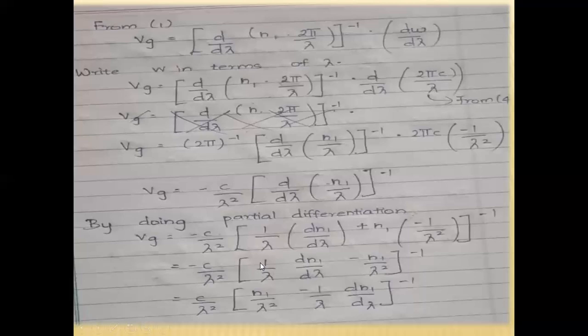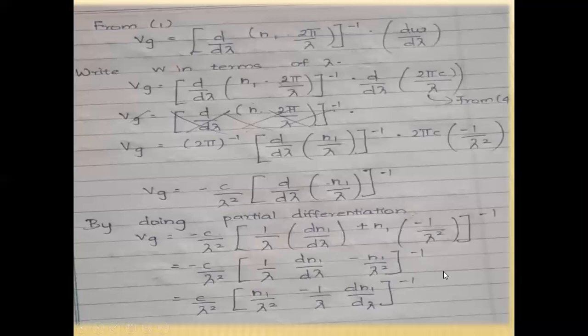So we will get c divided by λ², and this minus into minus turns to plus, so c divided by λ² into n1 divided by λ² minus 1/λ into dn1/dλ, again the whole inverse.